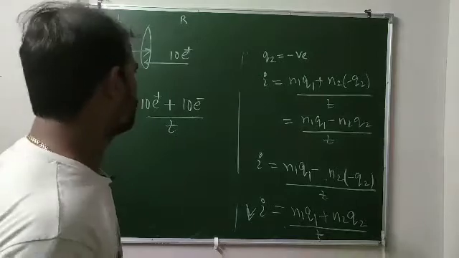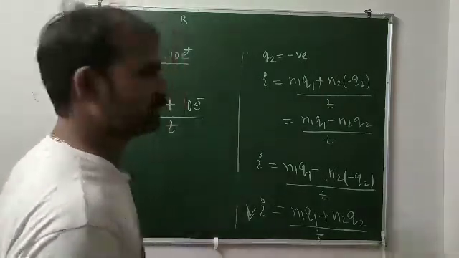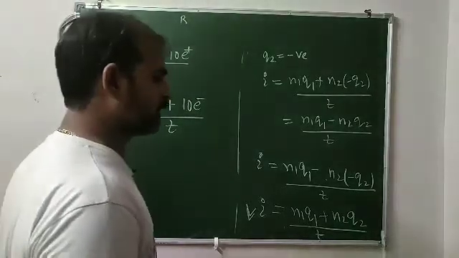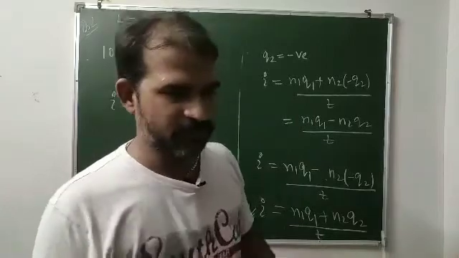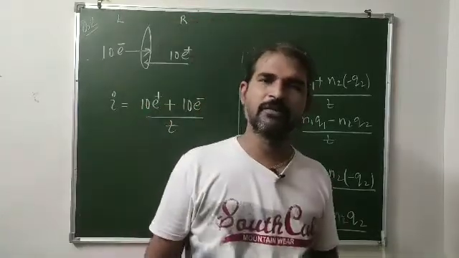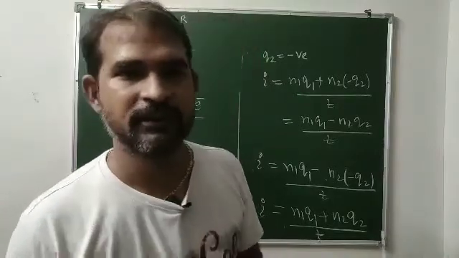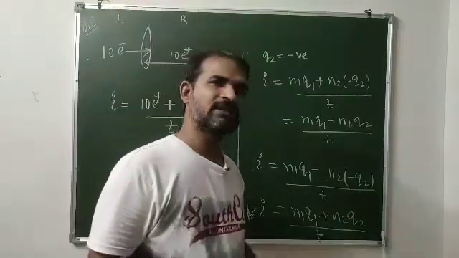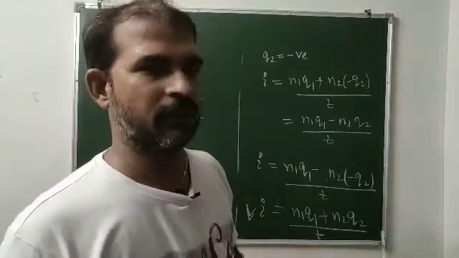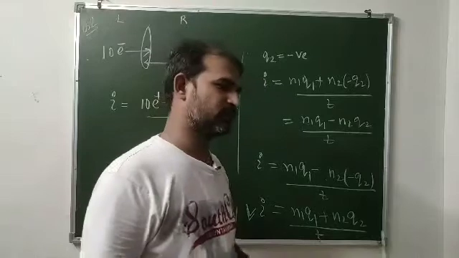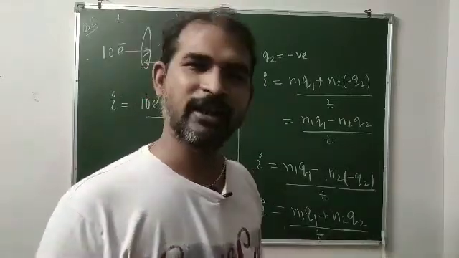Students, probably you have heard about positron, but if not, then I am going to tell. Positron is an antiparticle of electron. What do I mean by antiparticle? The mass of positron is equal to the mass of electron, but the charges are opposite. You can ask, sir, what is the difference between proton and electron?